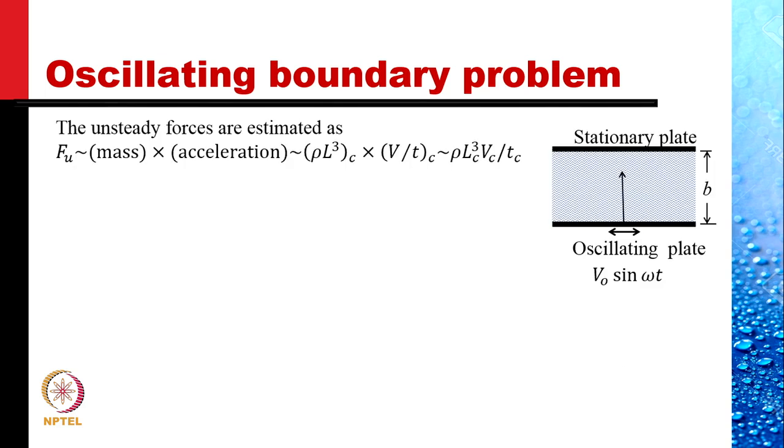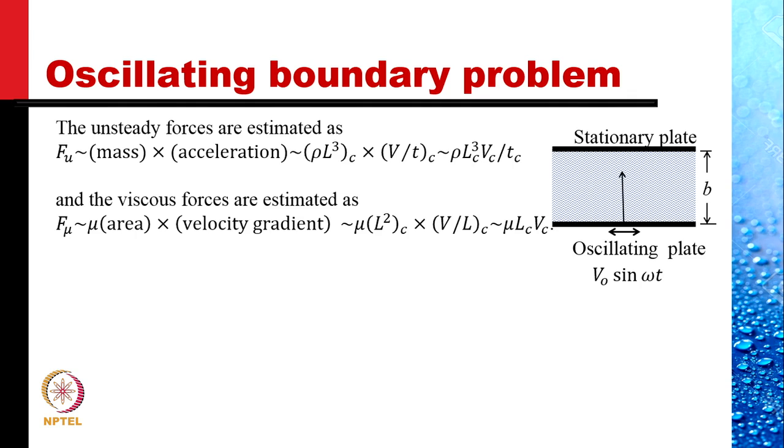Let's estimate those forces. The unsteady forces are estimated as mass times acceleration, and the mass is rho Lc cubed, where Lc is a characteristic length, times the acceleration V by T. So this gives rho Lc cubed Vc by Tc, where Tc is a characteristic time, Vc is a characteristic velocity, and Lc is a characteristic length.